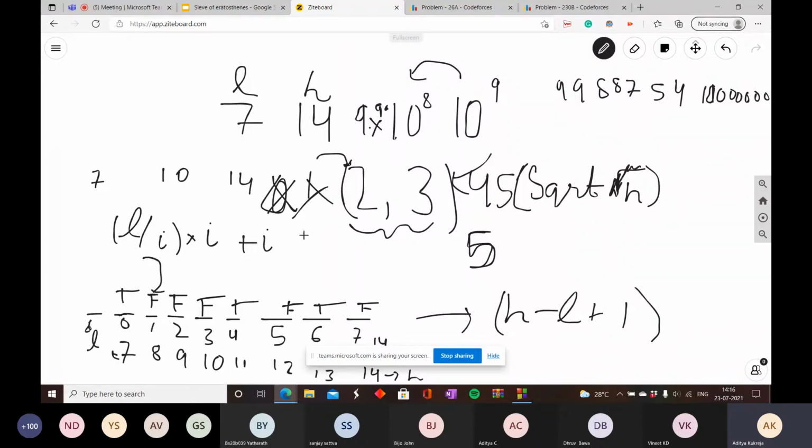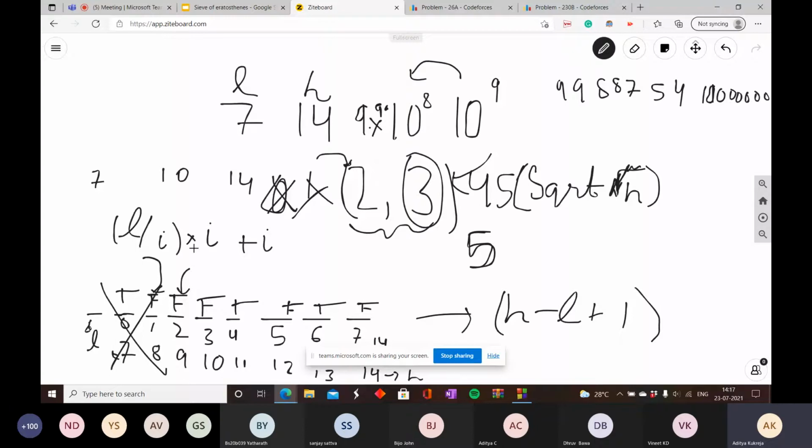But suppose this was the only array which you're considering, 9 to 14, so L is equal to 9 and H is 14. When you take 3 and find out the starting position, you just divide L by I into I. So this would return 3 because 9 by 3 is 3, and when you multiply it by 3, you would get 9.